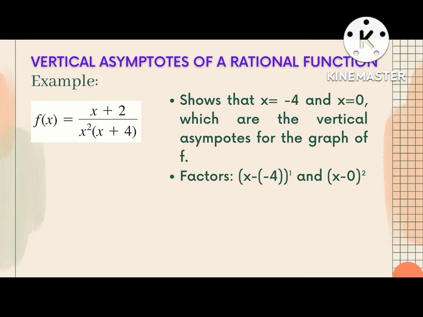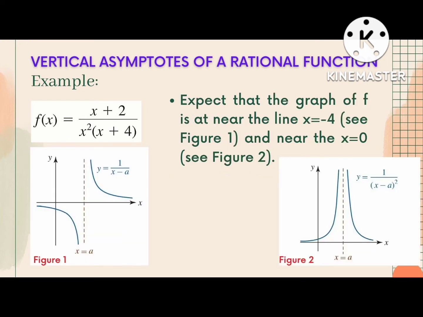Since the denominator contains the factors x minus negative 4 and x minus 0 squared, we expect the graph of f near the line x equals negative 4 to resemble figure 1 or its reflection in the x-axis, and the graph near x equals 0 to resemble figure 2 or its reflection in the x-axis.